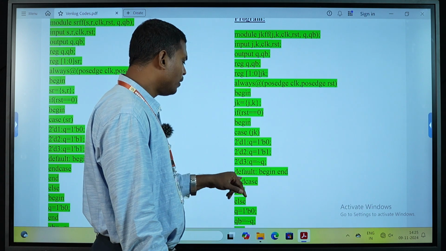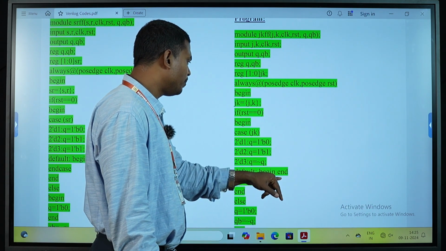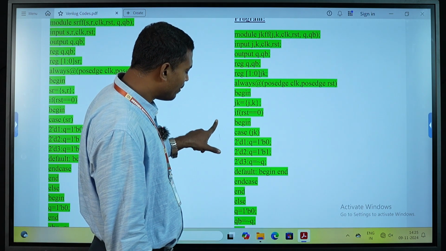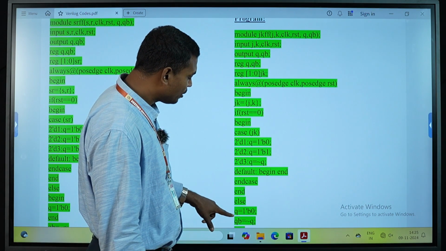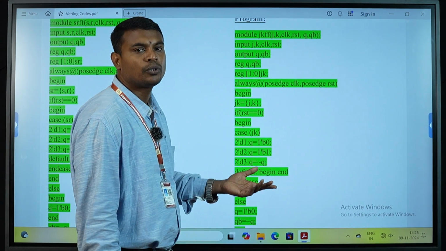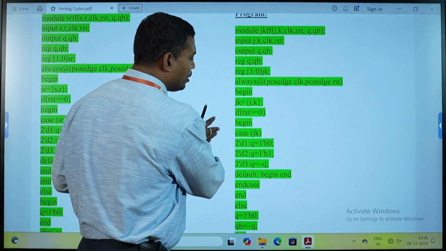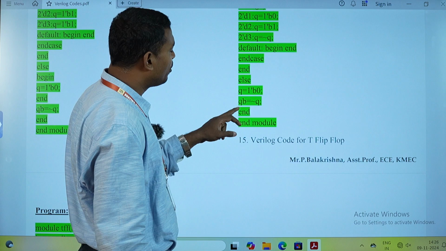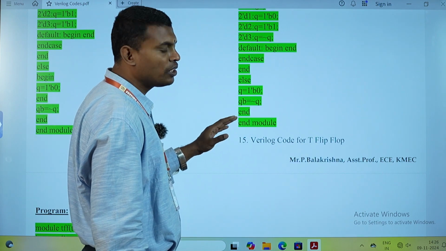Next the default begin, which I am ending along with the case, and after that I am declaring Q is equal to 1'b0. Now Q bar will always be the negation of Q only. After that I am ending my module and giving my closing statements for the program.